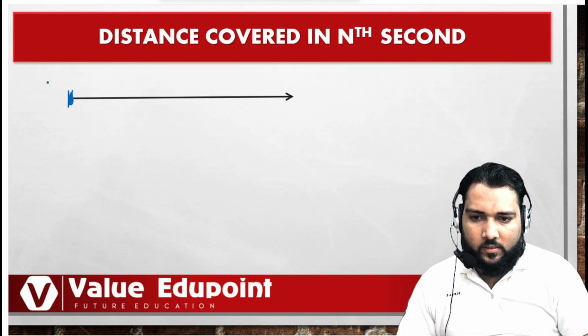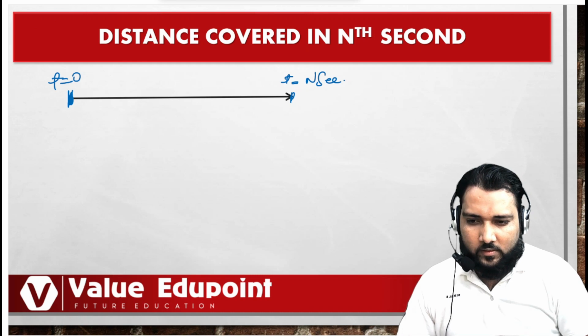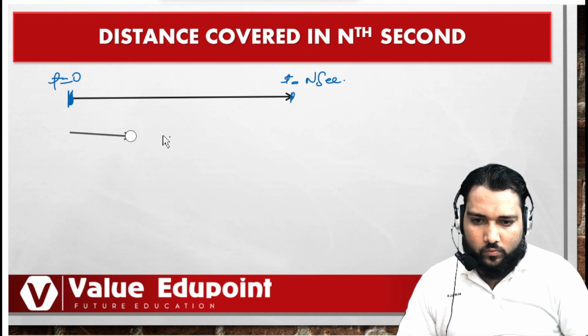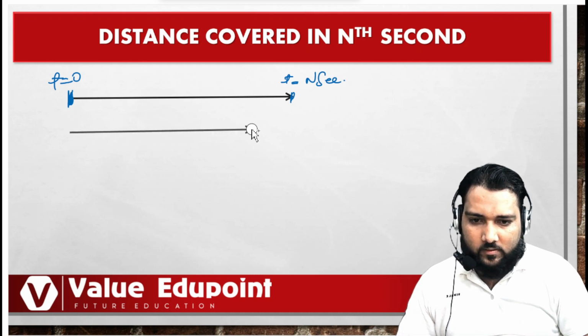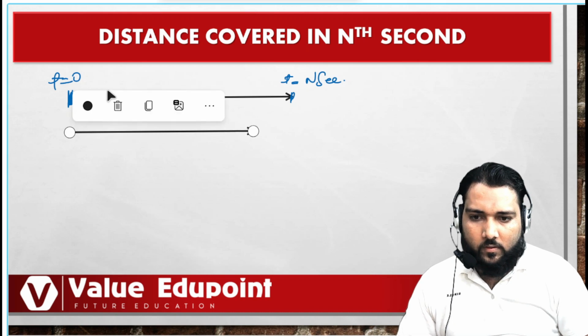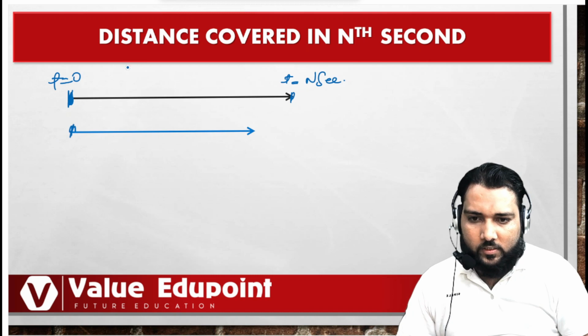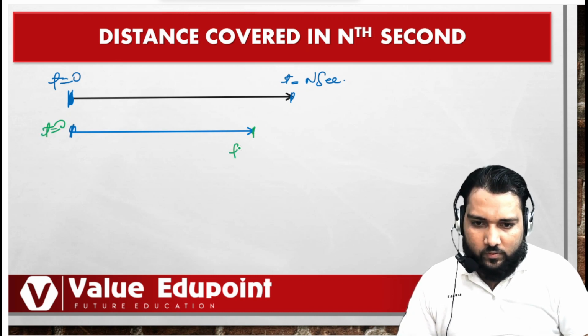This is t equals to 0, and this is the time t equals to n seconds. Now again, this point is t equals to 0, and this point is t equals to n minus 1 second.